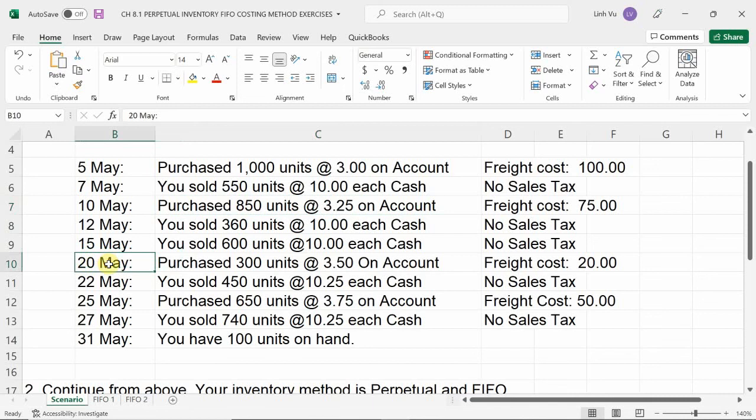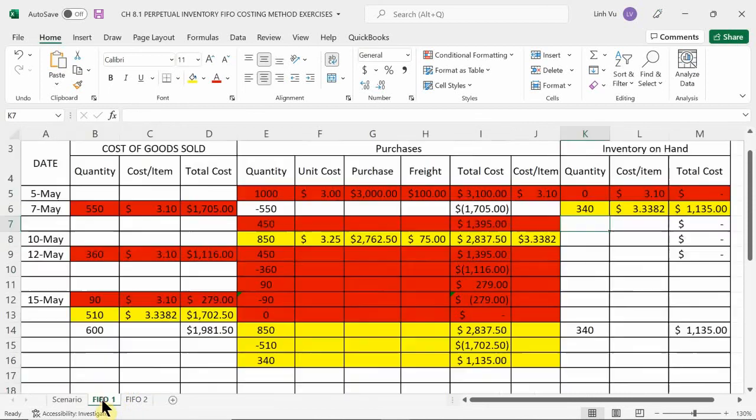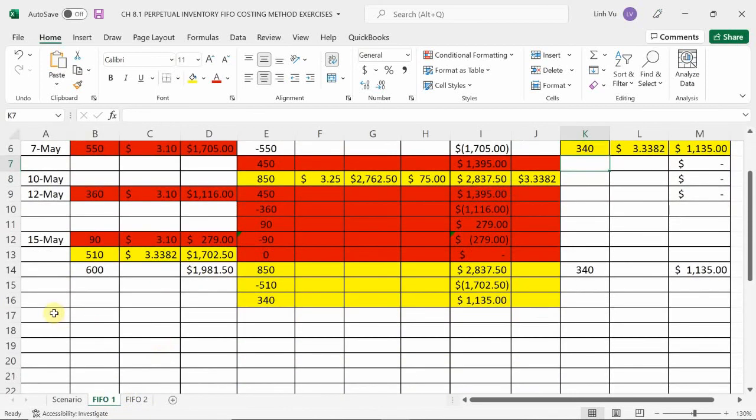May 20 tells me that I purchased 300 units at $3.50 each with a freight cost of $20. So pop that into my inventory worksheet here that it is now May 20th, right? We didn't sell anything, so we can skip right along. We purchased 300 units at $3.50 with the freight of $20.